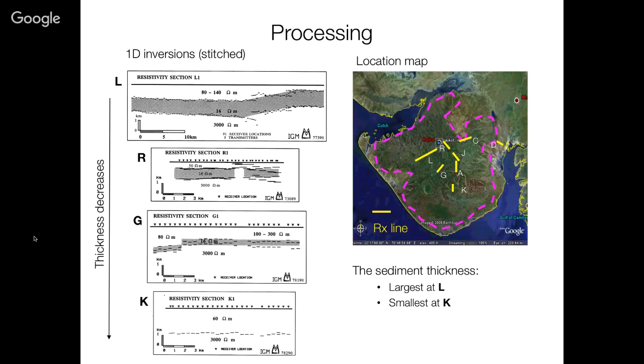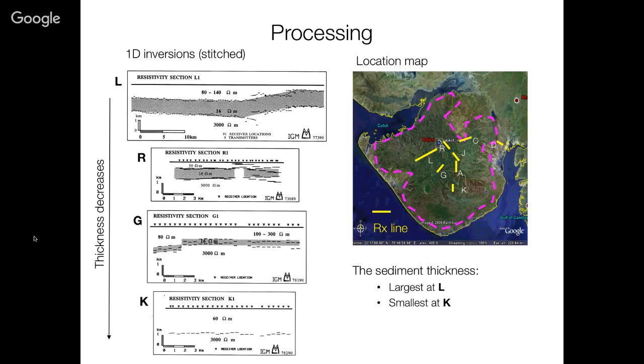And there are a couple of interesting lines. There's one across here. This is line R. As you go across here, the inversions gave an upper region for the basalts, sediments that were actually quite thick at 16 ohm-meters, and then a big resistive base below. As you go down to G, that sedimentary thickness decreases, and as you go to K, it's pretty much gone.